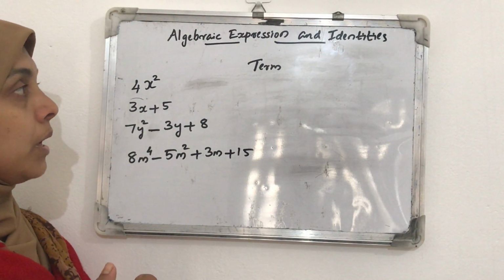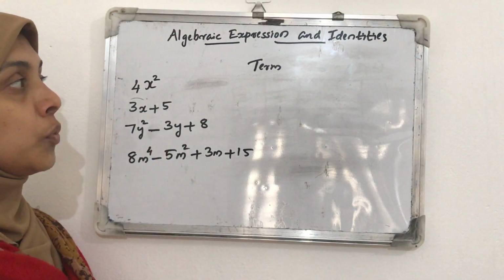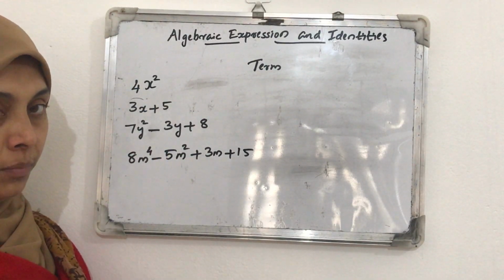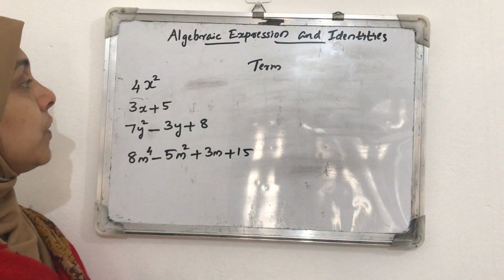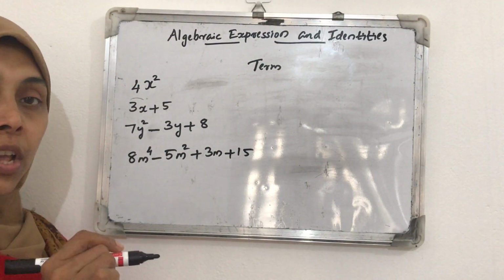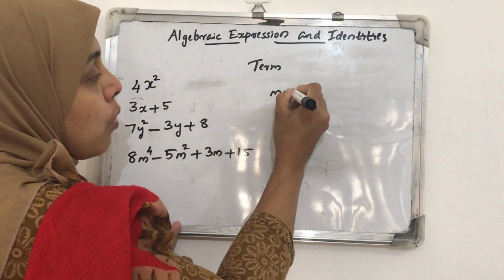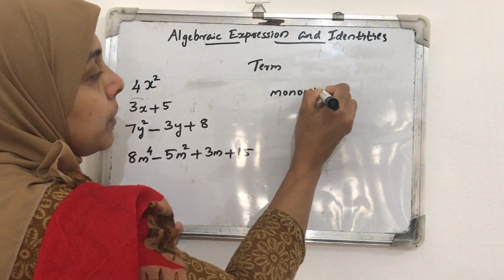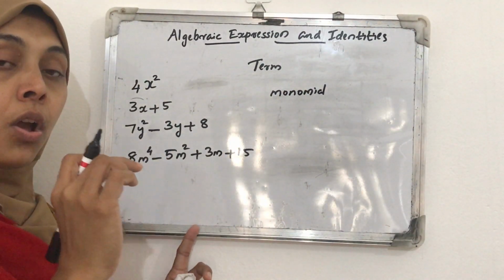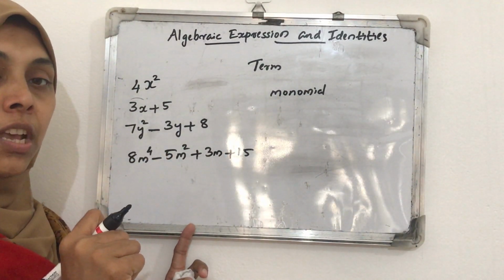Now we can name each algebraic expression according to their number of terms. Okay, so in this case, first example, there is only one term, so we can call it a monomial. Monomial means algebraic expression having only one term is called monomial.